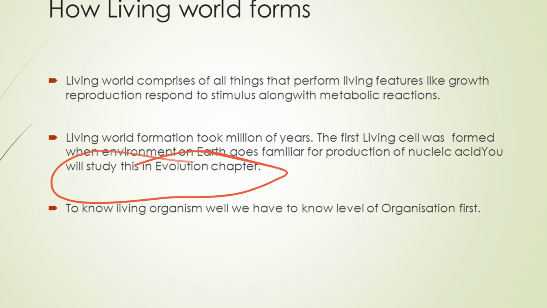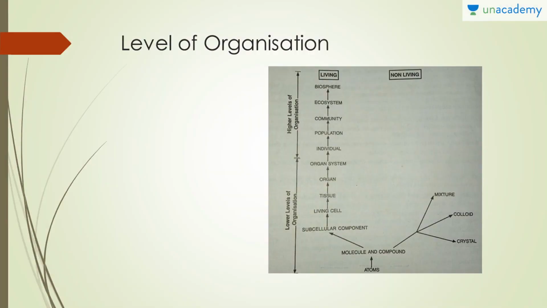Now, to know all the living organisms well, we have to know the levels of organization first. I already made a recap of the levels of organization in the previous video.